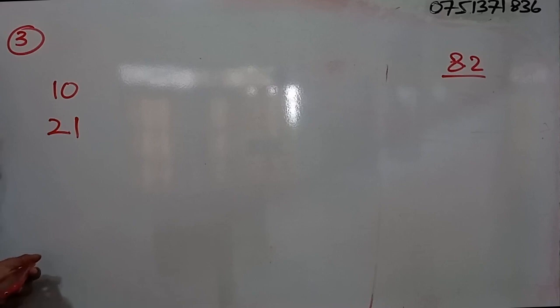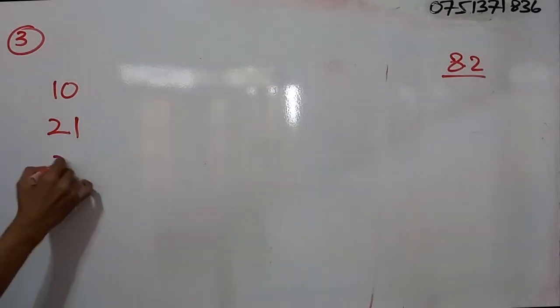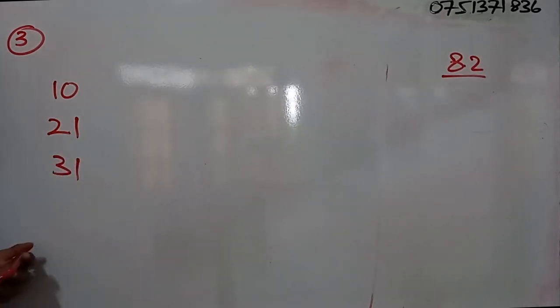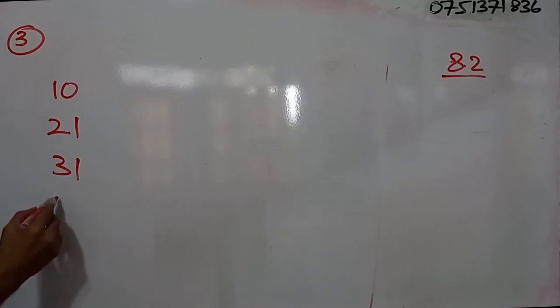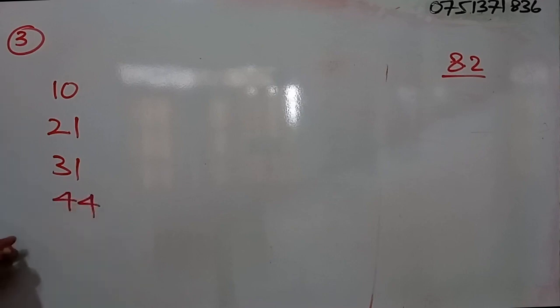Is this a perfect square? No. Take for instance 31. Same thing, no? Digit on the ones place is 1. Right? Then take a number like 44. Is this a perfect square? Right? Take for instance 125. Digit on the ones place is what? 5. This is not a perfect square.